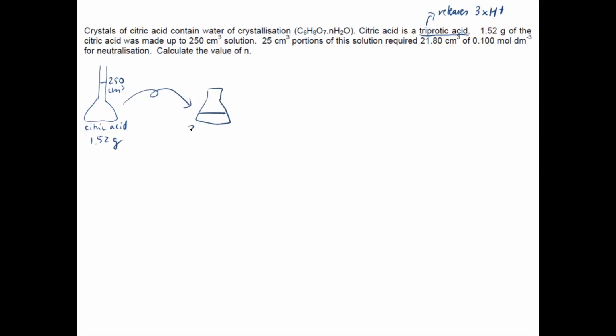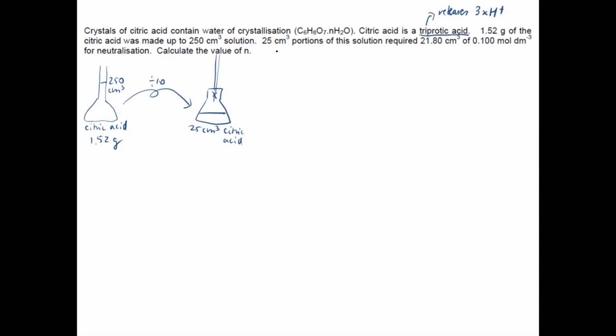So this is 10 times smaller, because we had 250 but we took 25. This required, from a burette, this is just me sketching, not a proper diagram, I prefer to have this information visual.